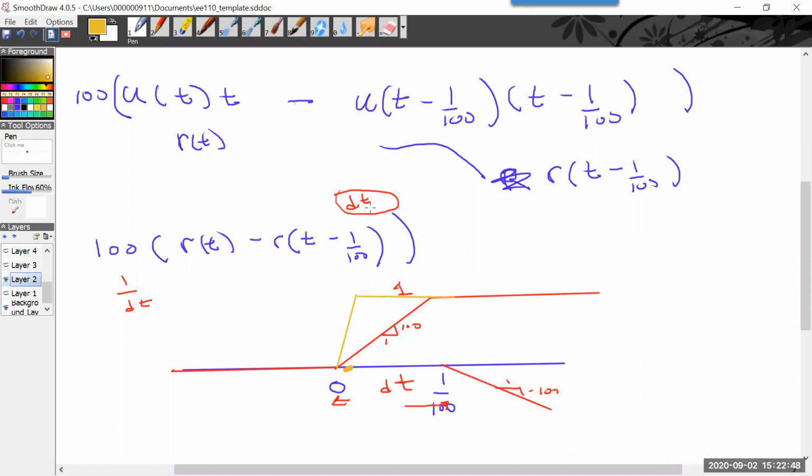And if I let this time go to 0, this goes to infinity, and you get the step function. And let's just, right. I'm going to call that dt, and this 1 over dt, right?